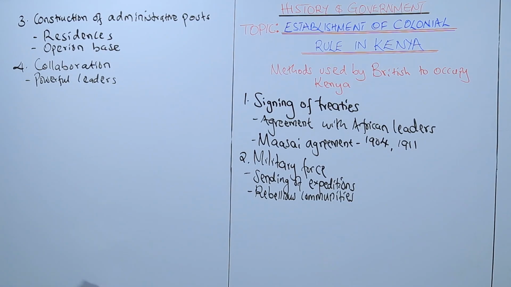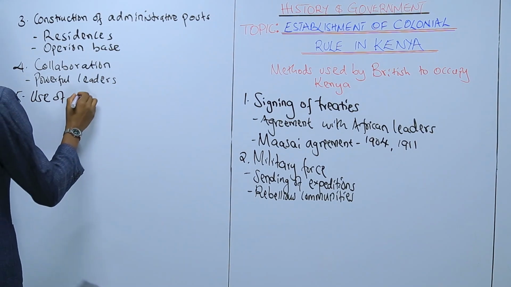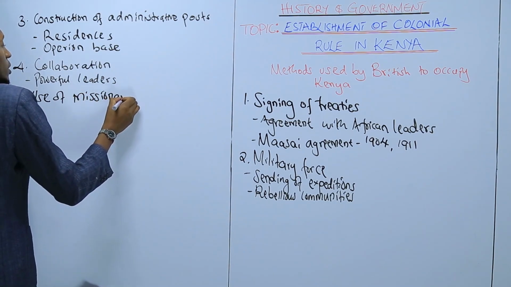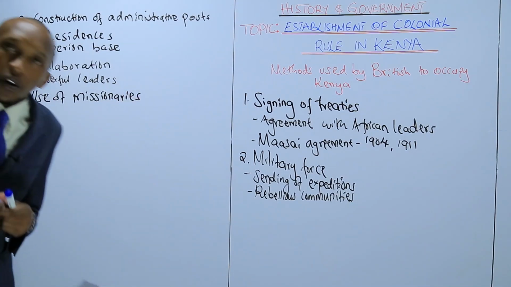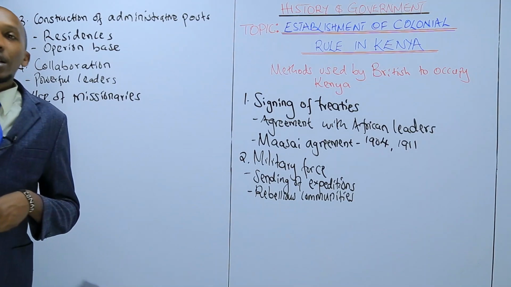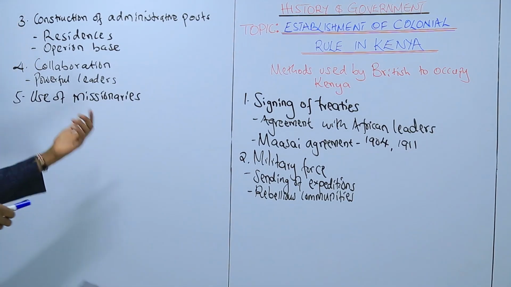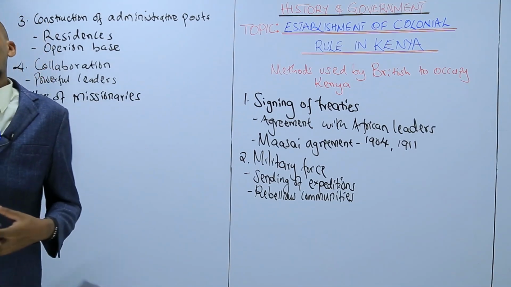And then the second last method that was used, they used missionaries. Remember, these had come even way before there was need for colonization. So the missionaries were used to soften the hearts of the African leaders.